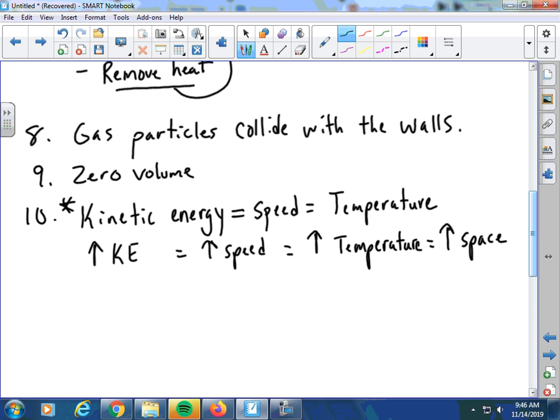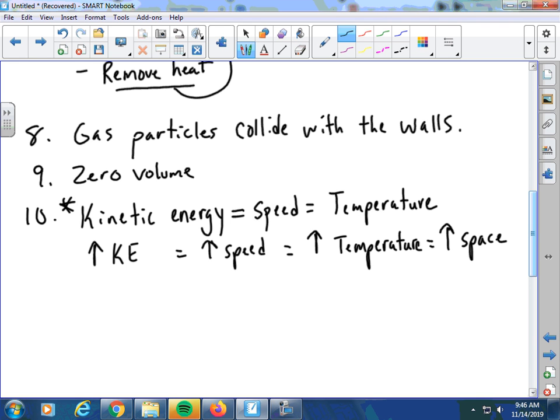That's a huge understanding of kinetic molecular theory right there. If you know that one set of relationships, you're good to go. And so vice versa. If we have lower kinetic energy, it means the speed of the particles is lower, which means the temperature is going to be lower, and that also goes along with less space between particles.